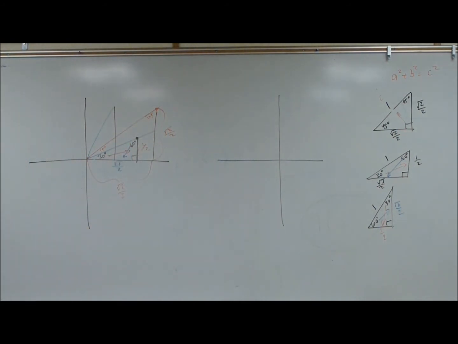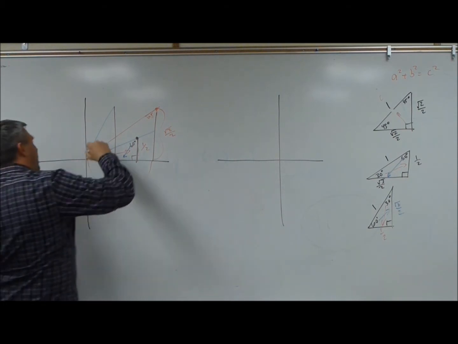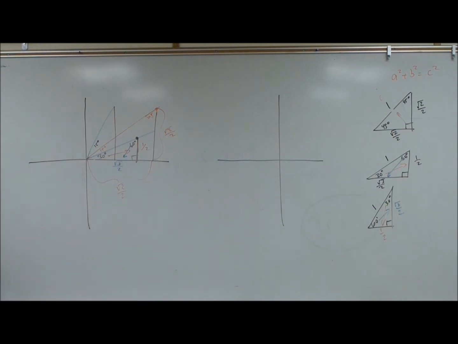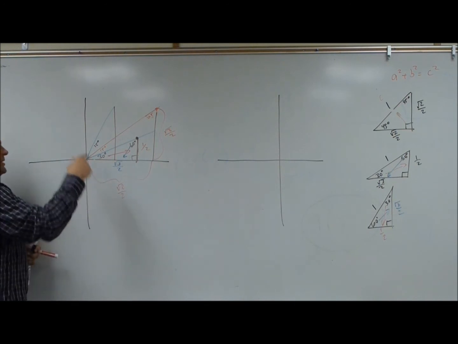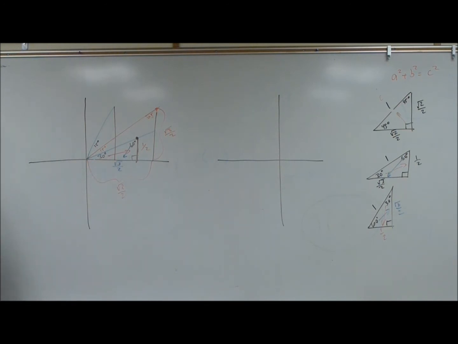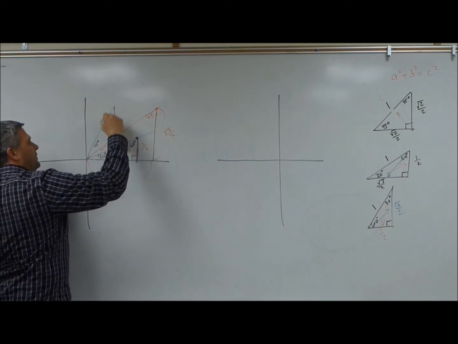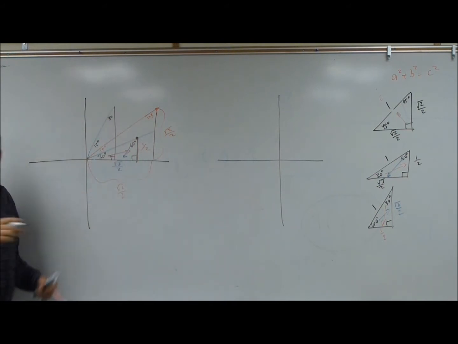If I'm talking about another 15 degrees, where am I going to be at that point? So 30, 15, 15 gives me 60. And if this is 60 and this is 90, then this must be 30.